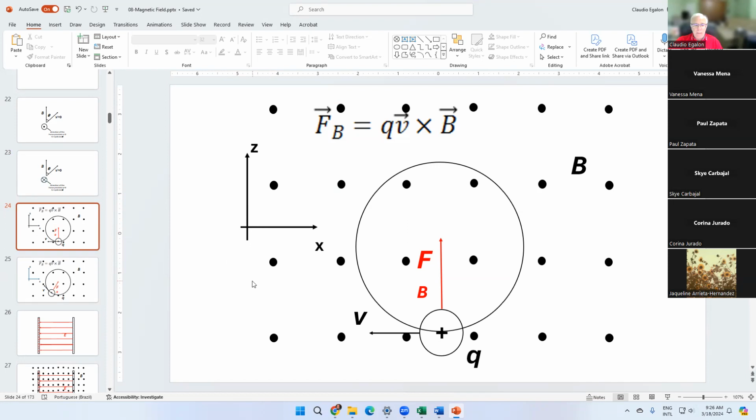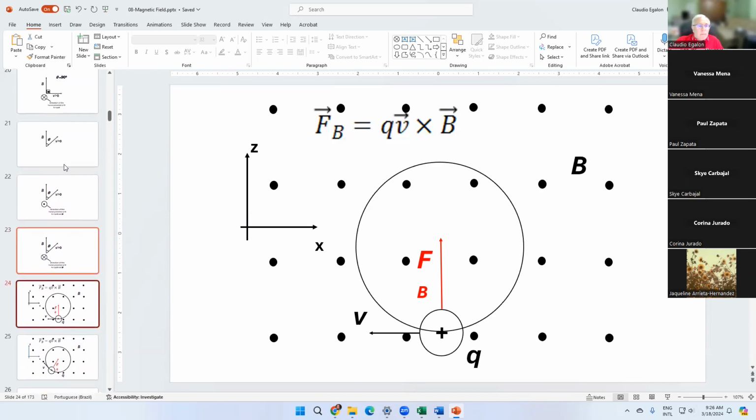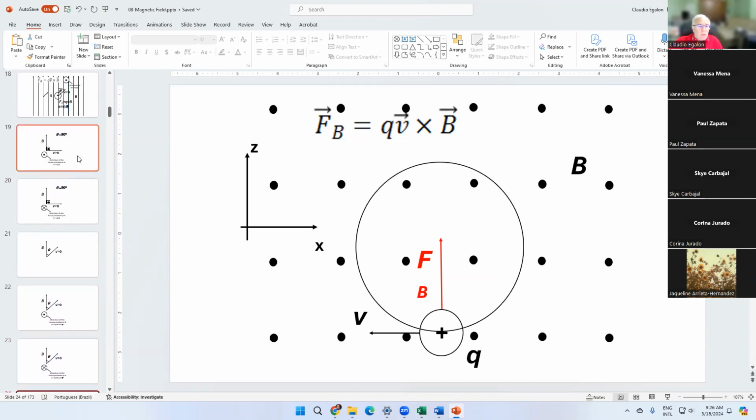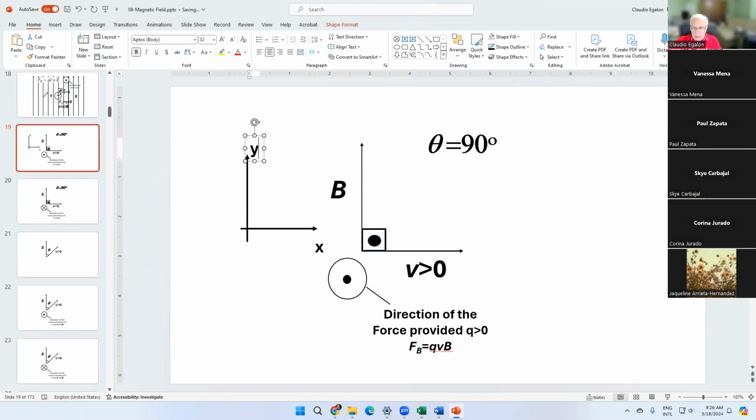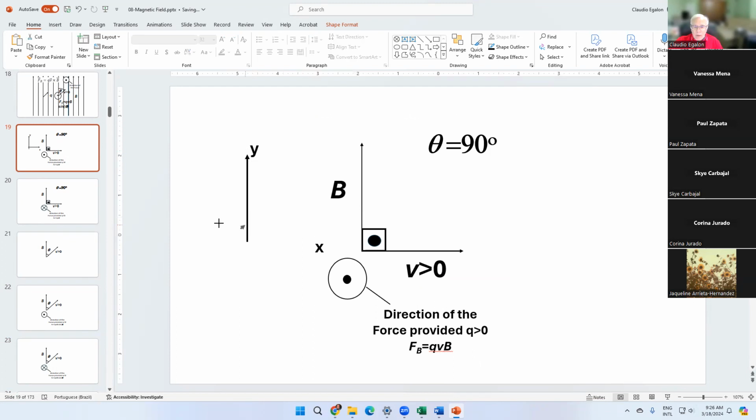So what we had here before, here was Y, right? But then the X is in the other direction.